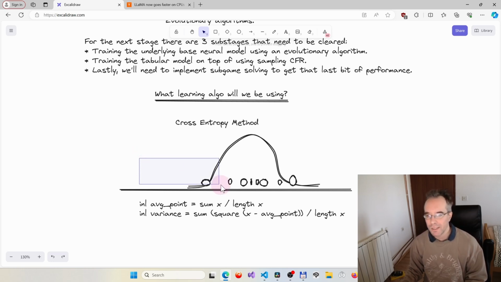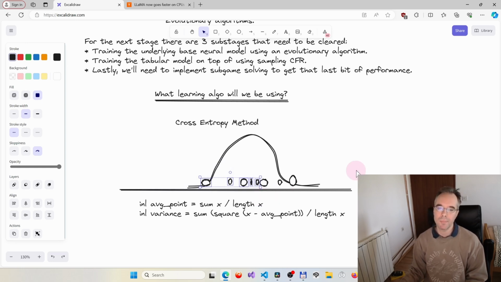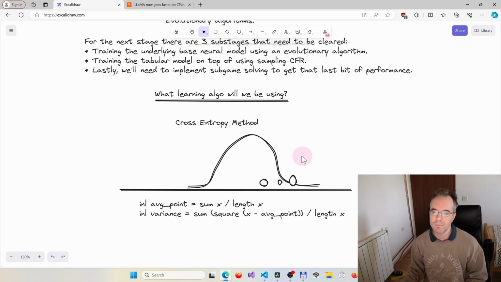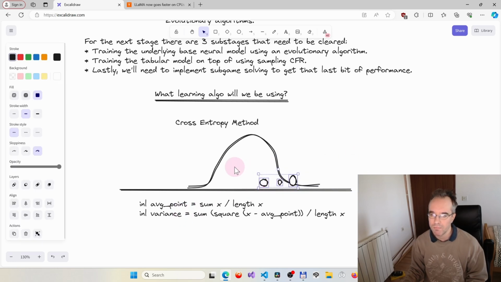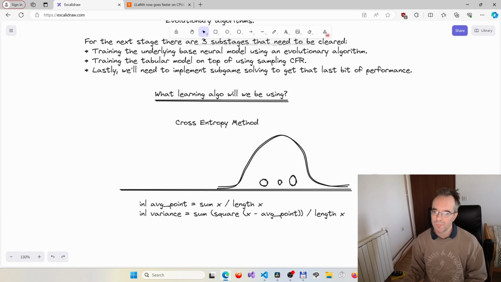And it will turn out that these points are very weak. They are very poor poker players compared to the rest of them. Now, in order to get the new average point and the variance, we just get rid of these, calculate the average point and the variance based on just these 3 points here, and then get the new sampling distribution, and so on.